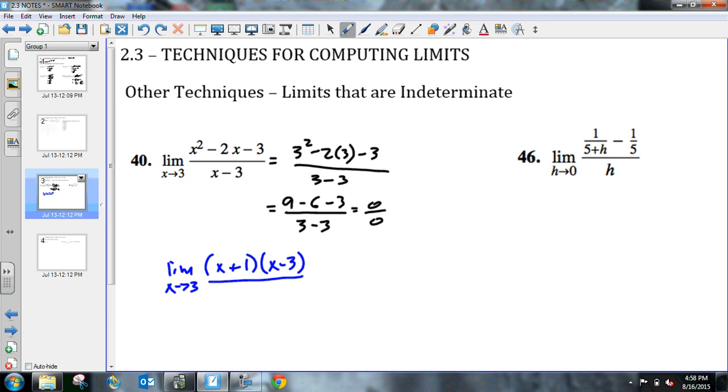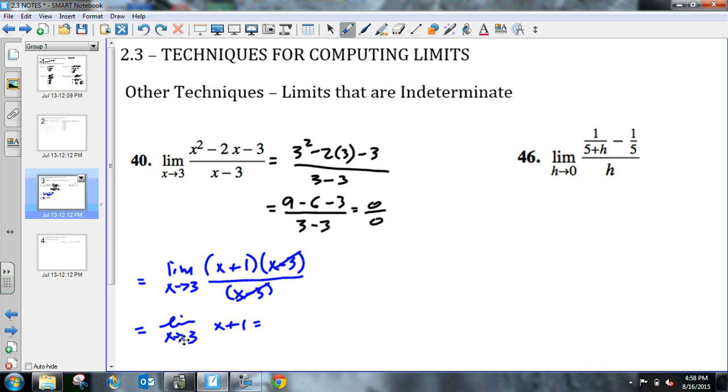And I'm going to divide this by x minus 3. And when I see this, I see that my x minus 3's can divide out. We can simplify this function here. And then I'm going to take the limit as x approaches 3 of just x plus 1.